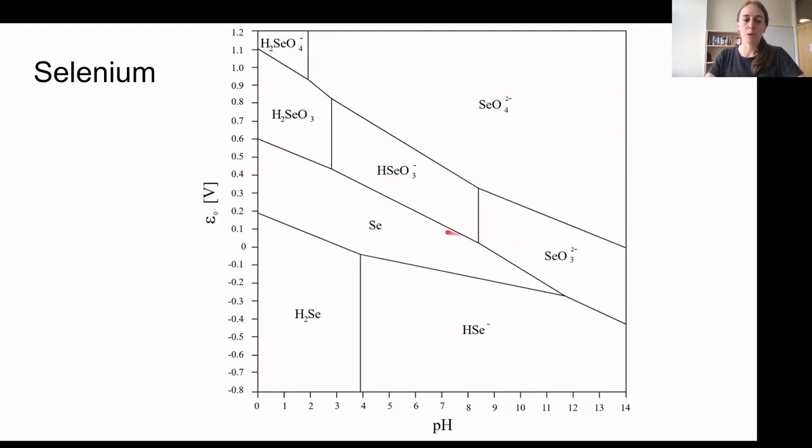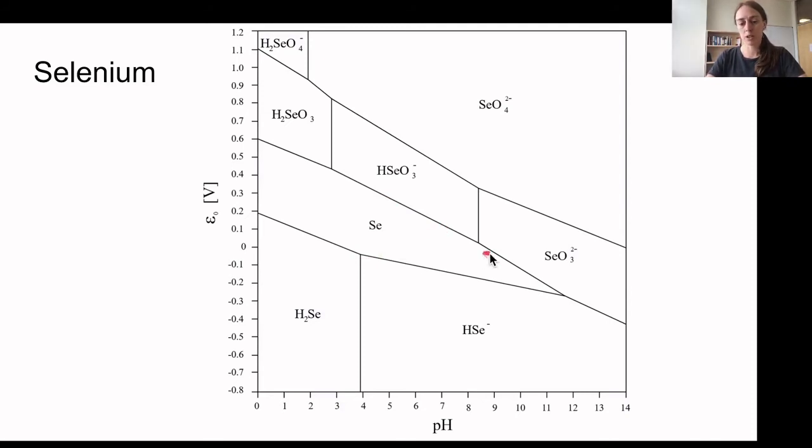Here's an example of a Pourbaix diagram with selenium, and selenium can be a huge issue with water quality. Solid selenium here is something that can settle out of water, but if we are in more oxidized conditions, we might have selenium that stays dissolved. Dissolved selenium can get into food webs and cause huge animal and human health issues, so we might want to turn our selenium into solid selenium. What will we do?